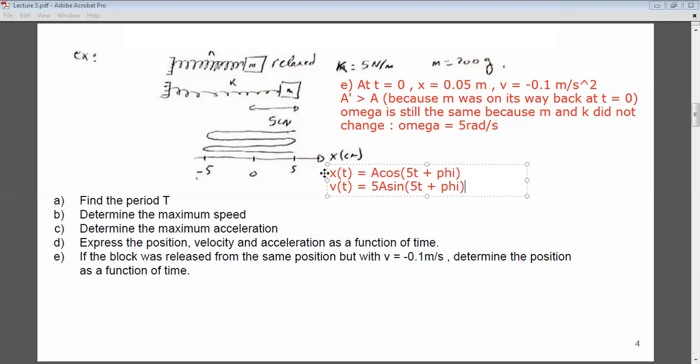Okay, so let's say what is x of 0. x of 0 equal A cosine phi.